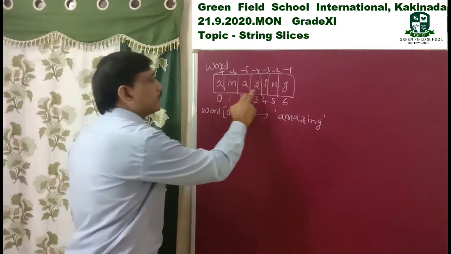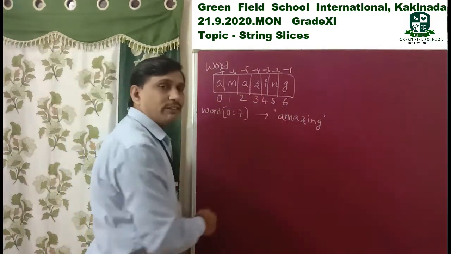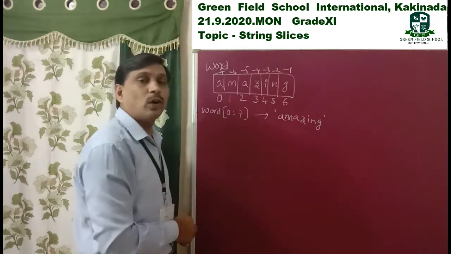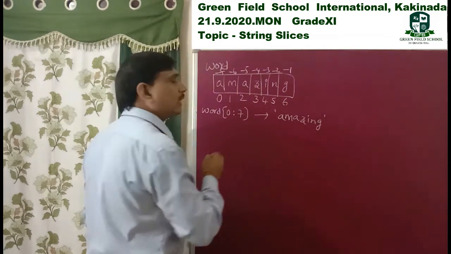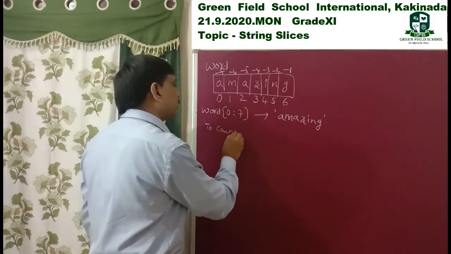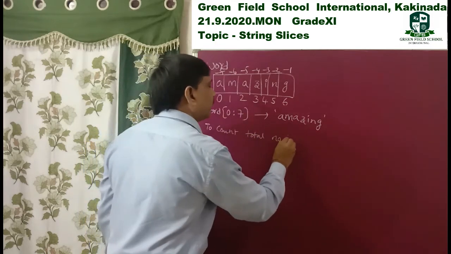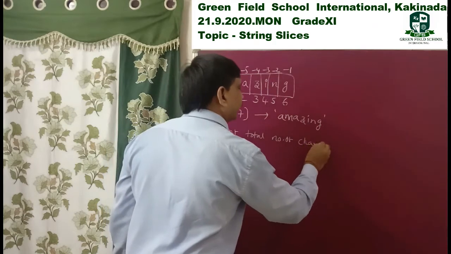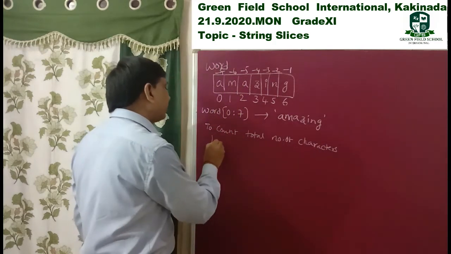This one is the given string. We consider starting from 0 to 7. 7 means here how many letters are there in total? To count the total length of the string, to count the total number of characters, we use the len function.